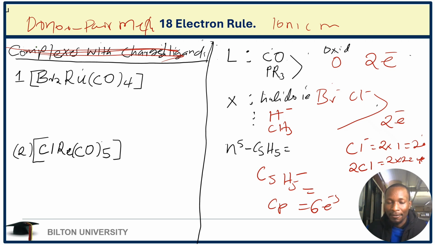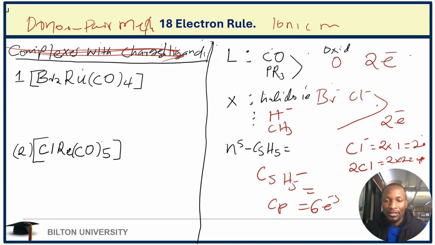Very important here, we need to calculate the overall charge of the ligands. Once you have calculated the overall charge of the ligands, then the electrons must be produced by the metal to balance those charges produced by the ligands, so that we have an overall charge of 0.